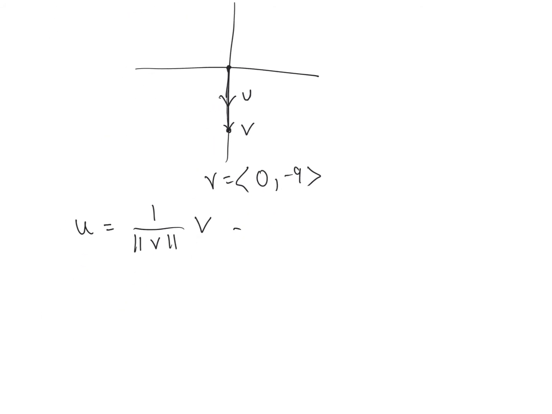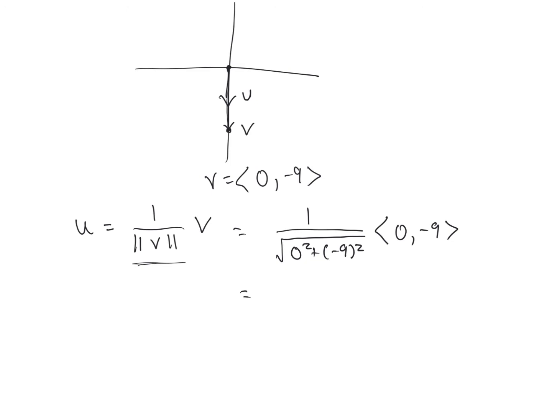So then we just got to plug in with our formula, 1. Remember, this is our magnitude of v. So our magnitude of v is, we use the distance formula. So this is 0 squared plus -9 squared, times 0, -9, the components.